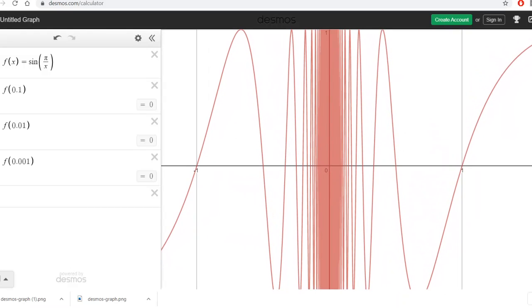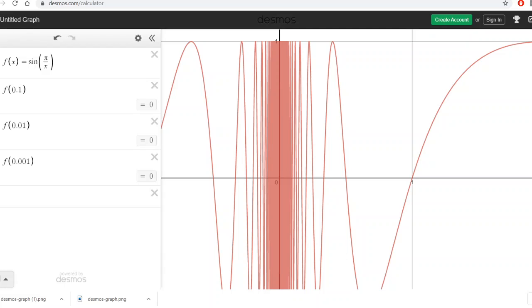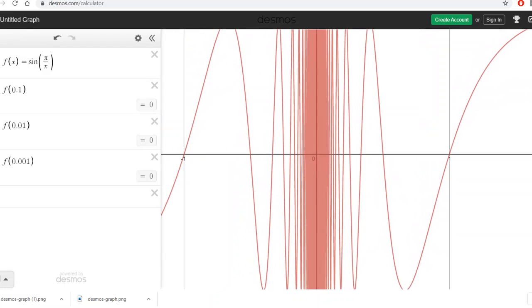So it gets really crazy and intense the closer you get to 0. And basically, this is an example of a function where the limit does not exist. And the reason it does not exist is basically because this function is just so crazy that it kind of goes back and forth way too much.